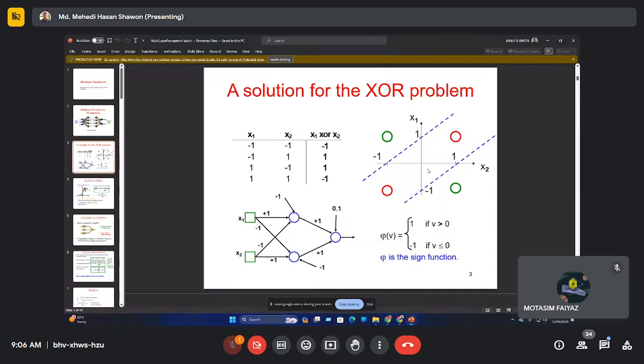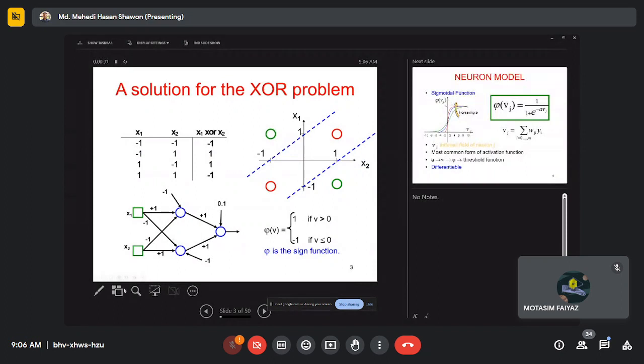Why can't we solve that problem with one? Sir, considering this problem, we have +1, +1, -1, -1. Is it possible to solve this? I mean XOR actually.